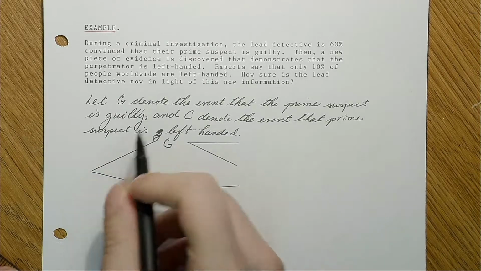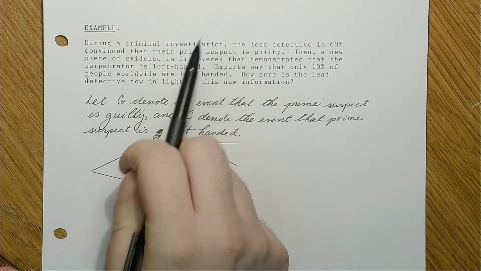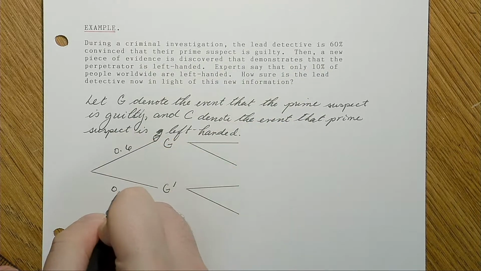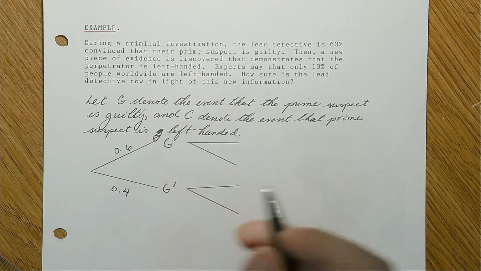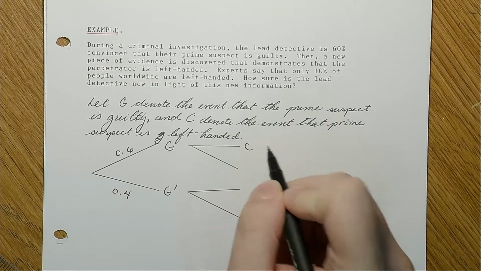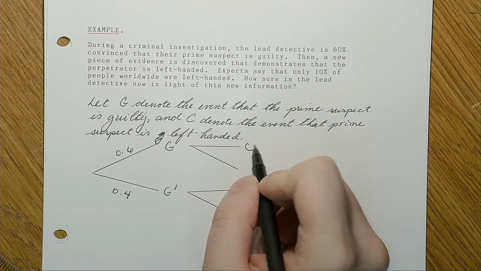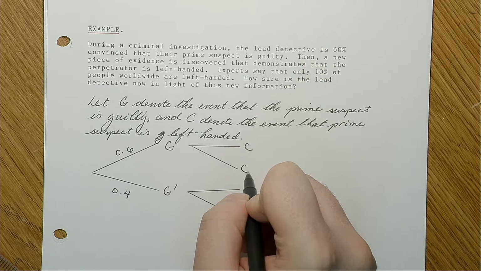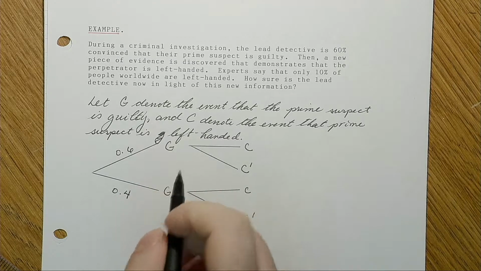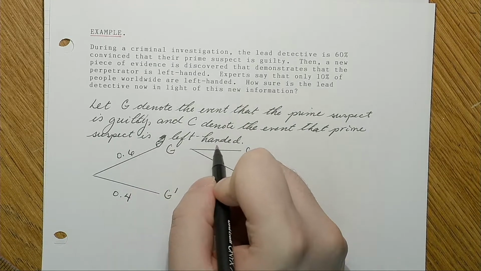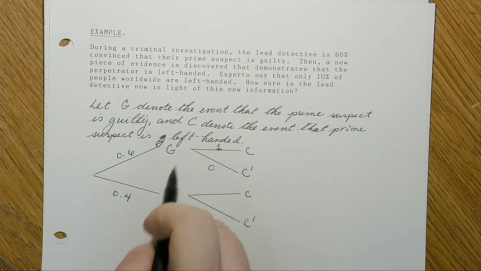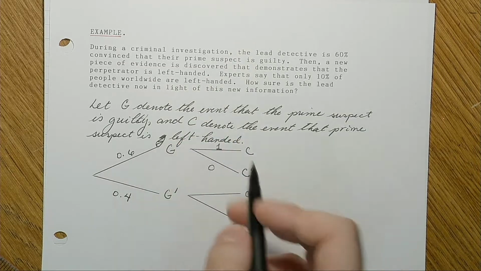We have the probability that the investigator believes, 60%, so 0.6 for guilt, which means that it's 0.4 for the complement. And we have some sort of characteristic, left-handedness, in this case. So we'll assume that if they're guilty, then they're left-handed, since the prime suspect is the actual perpetrator. We'll say that is 1.